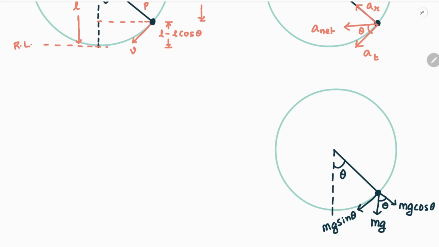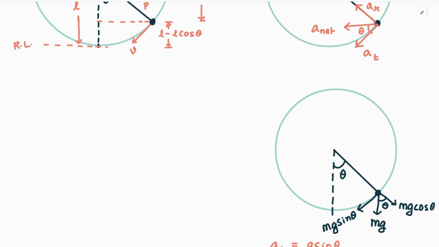This mg sin theta is responsible for the tangential component of acceleration. So the tangential component of acceleration can be simply written as g sin theta. At any angle theta, the tangential component of acceleration will be g sin theta.